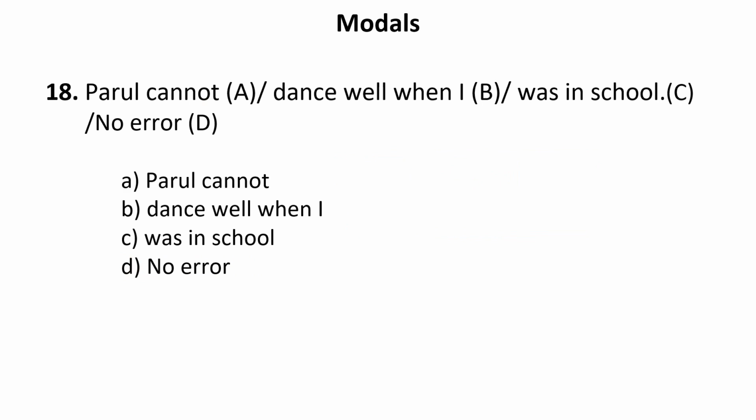Parul cannot dance well when I was in school. This shows, I was in school shows the time of past. So it is written cannot, it should be replaced with could not. Parul could not dance well when I was in school.